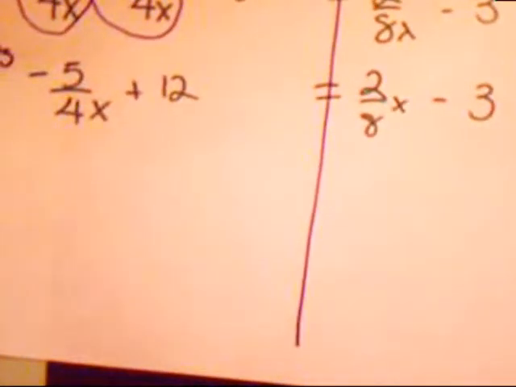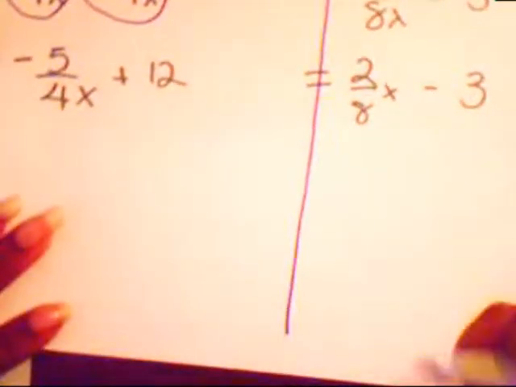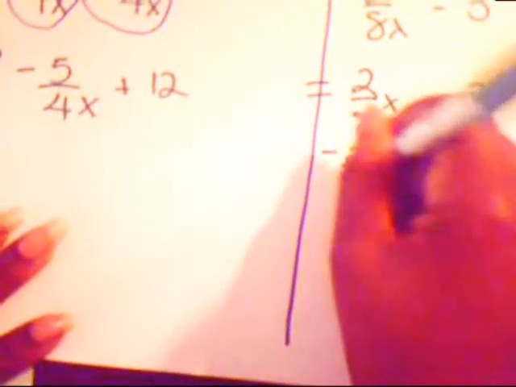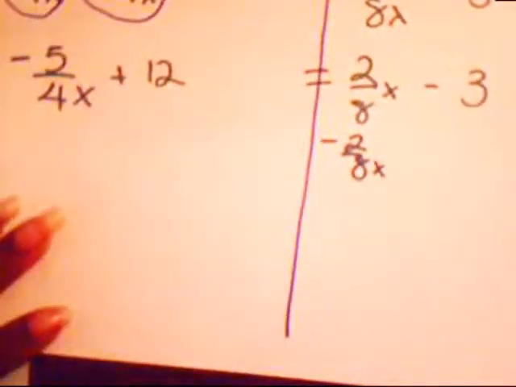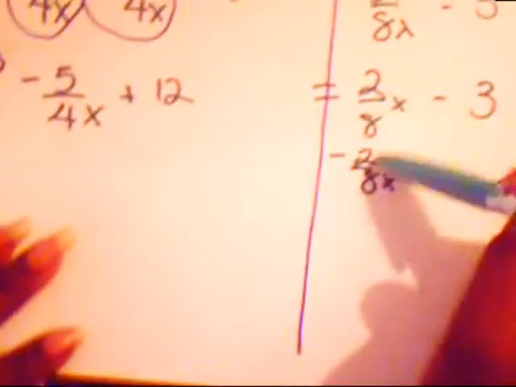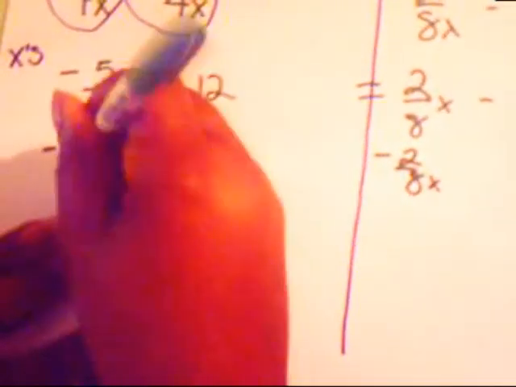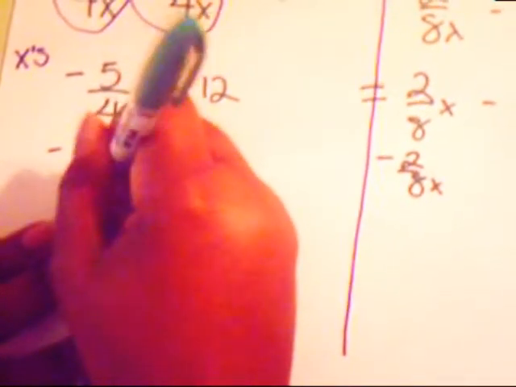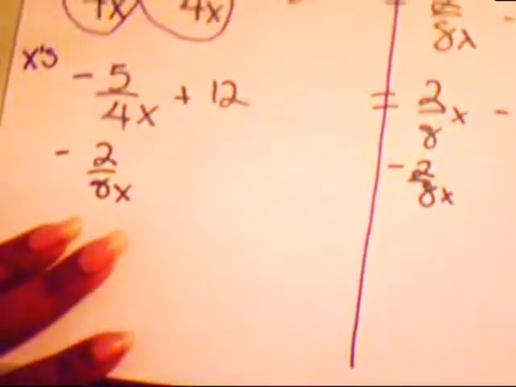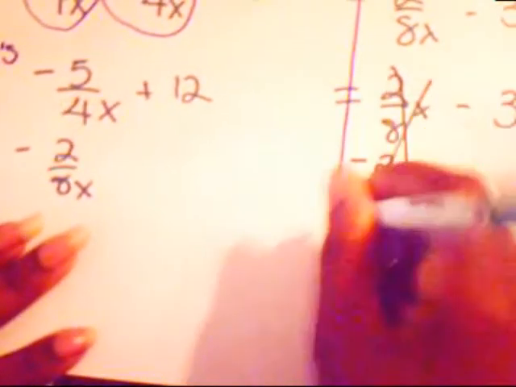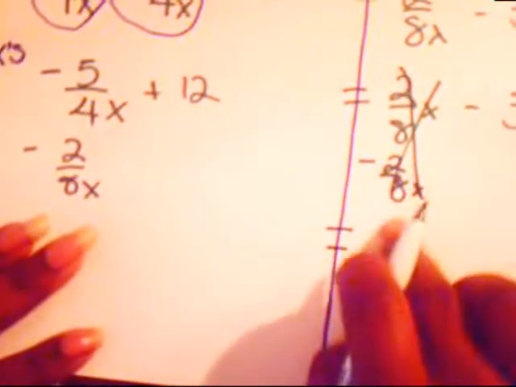The opposite of positive 2/8 x is negative 2/8 x. We remember that what we do to one side of the equal to sign, we have to then do to the other side. So I'm going to subtract 2/8 x from this side as well. Now, on this side of the equal to sign, the 2/8 x are going to cancel out, and there's nothing left over on this side except for negative 3.